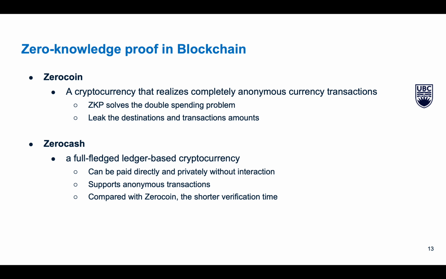Zerocash. Zerocash is based on an improvement of zk-SNARK. It is a full-fledged ledger-based cryptocurrency. And Zerocash can be paid directly and privately without any interaction, because it can protect the source, destination, and payment amounts.